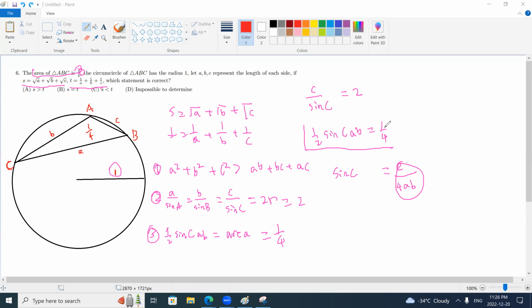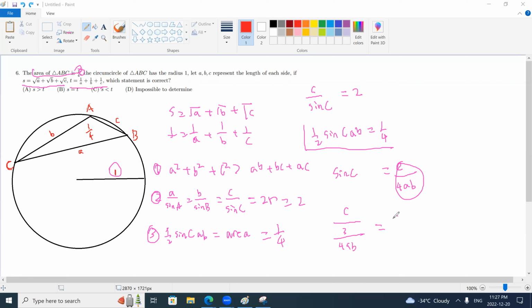So let's substitute this in here. Let's use that instead of sine c, because the question didn't mention angles anywhere, so we don't want sine c. We're going to replace that with a and b. So c divided by 2 over 4ab.